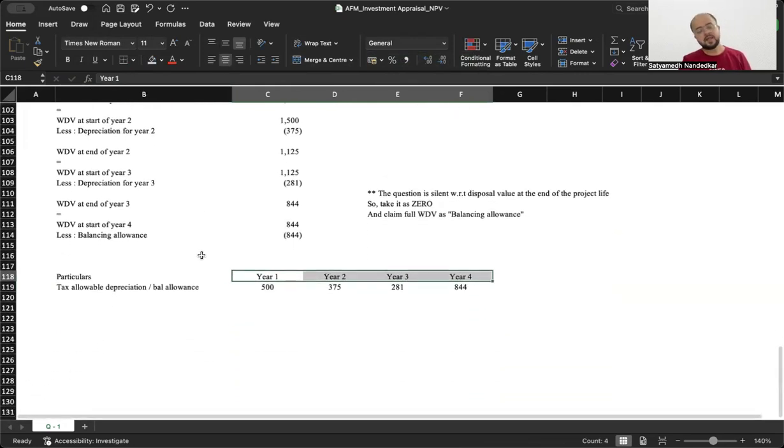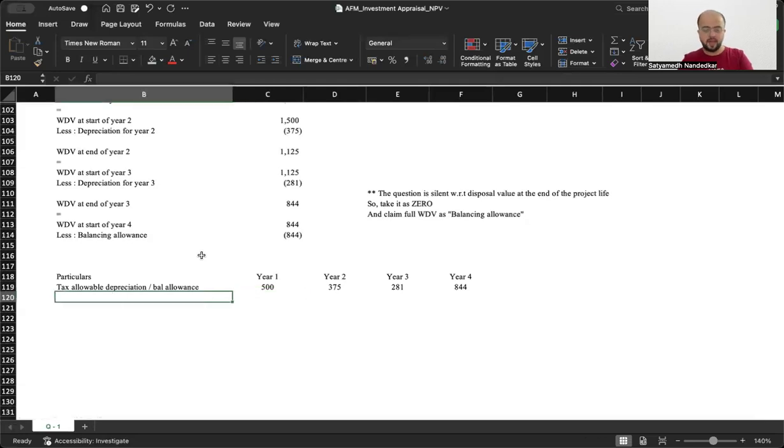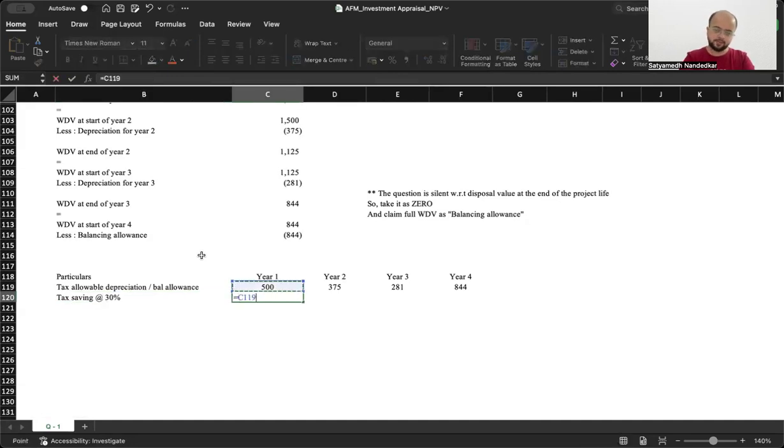If this is the tax allowable depreciation or balancing allowance, what is the amount of tax saving at the rate of 30%?